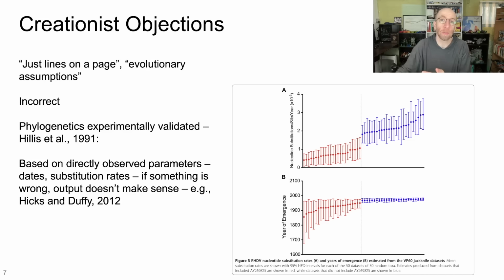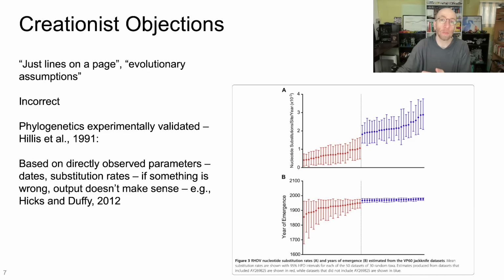And what they were able to figure out is one of the samples, just literally one sample of all of the samples they used, was dated incorrectly. So you had a certain number of substitutions and a certain number of years, and those two numbers were not correct relative to each other because the date was wrong. And when you tried to do these techniques with the sample that was misdated, it totally threw off the entire analysis.